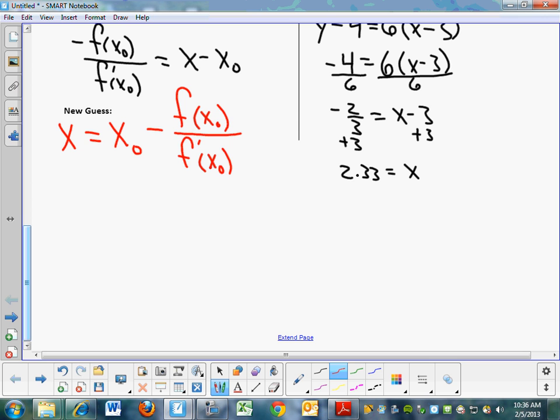And that is our new guess. And that is Newton's equation for his method. And all it requires is, well, I guess, yeah, three things. It requires that you have a function, that you have a derivative, and that you have an initial guess. And that's it. It's a piece of cake.